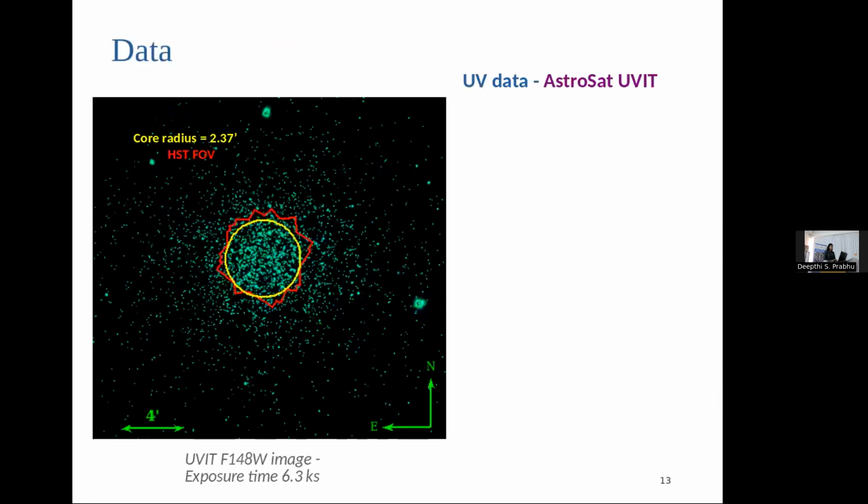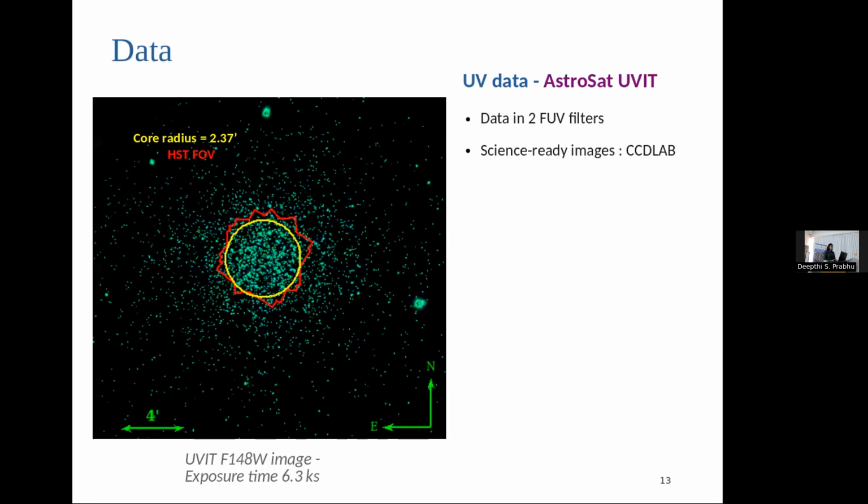So the data we have used is the FUV image of the cluster, where the tidal radius is 2.3 arcminutes, and the HST field of view is shown in the image. And we have a field of view of 28 arcminute diameter, so it is covering many more FUV sources than what is observed by HST. So we have data in two FUV filters.